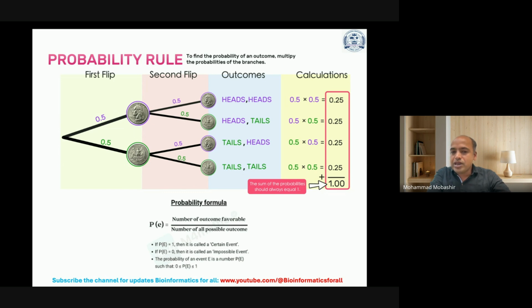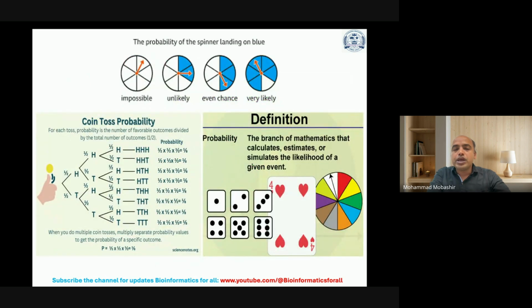So the probability of an event is a number such that 0 is less than or equal to the probability of any phenomenon, which is less than or equal to 1. So that is probability.